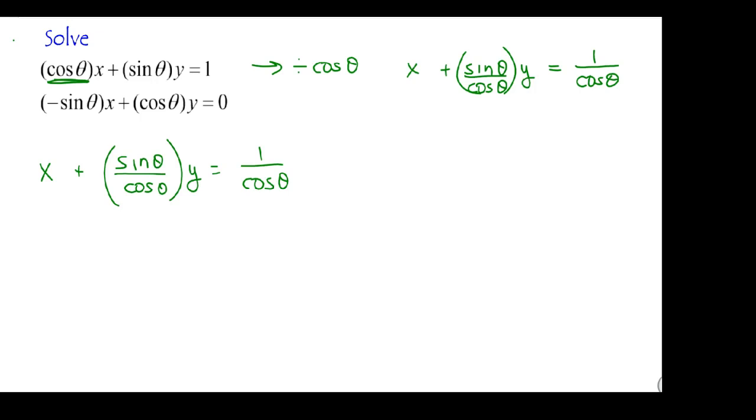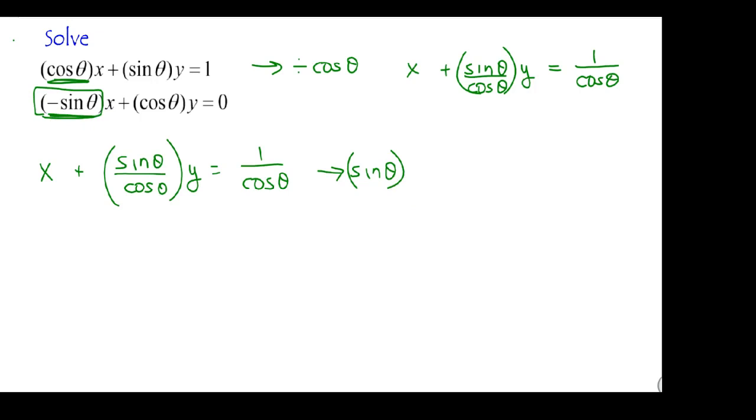To complete the first iteration, what I now need to do is change the negative sine of theta x to 0x. What that means is I need to take my new row 1 and multiply it by sine of theta, which is the opposite of negative sine of theta.